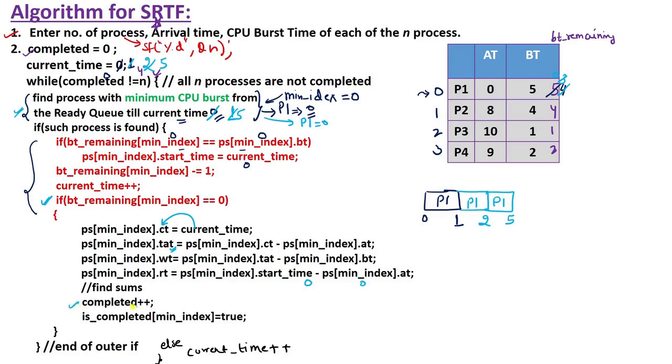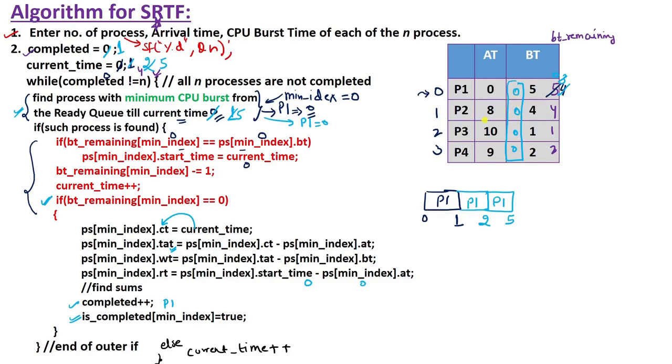After that, one process has been completed, that is P1, so completed will be incremented to 1. Then we set is completed for that process to true. This is a new array, the is completed status. It is initially 0, and it tells me which process has been completed completely.